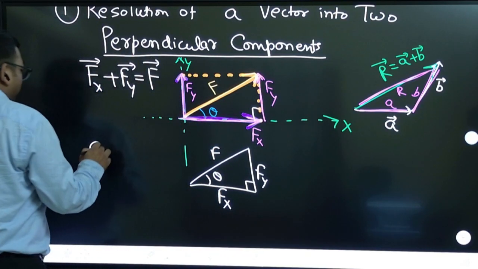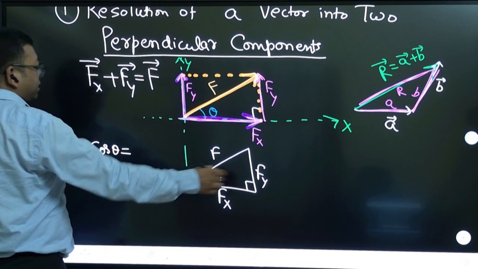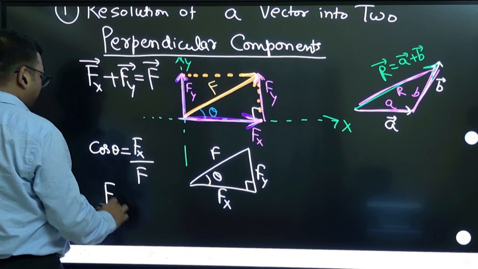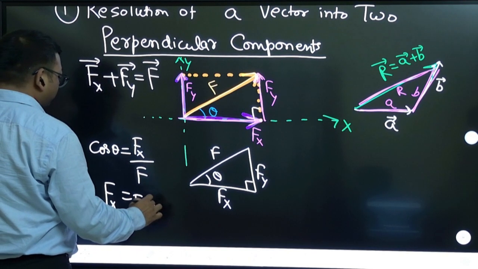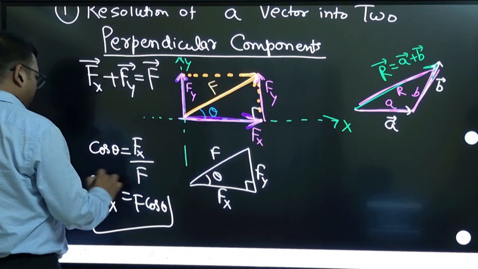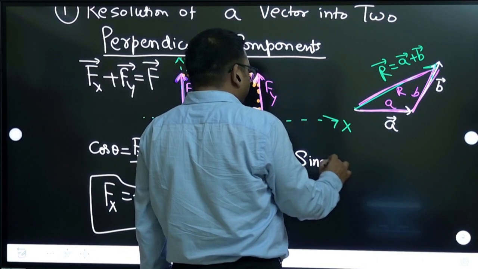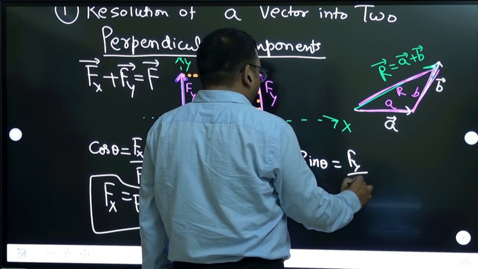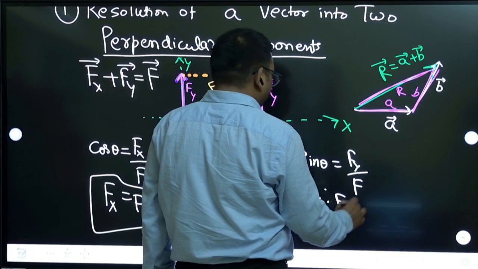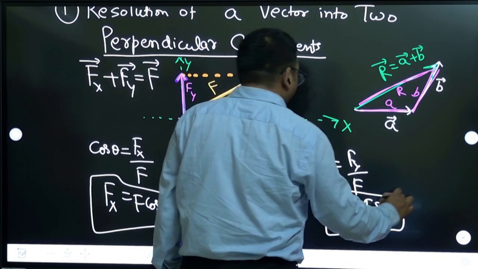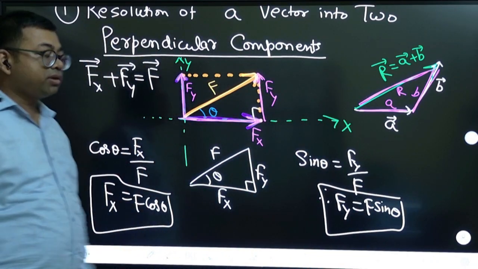What is cos theta? Cos theta is base by hypotenuse, so Fx by F, so Fx becomes F cos theta. Very important. Similarly, sine theta is Fy by F, so Fy becomes F sine theta. Very ultra important it is.